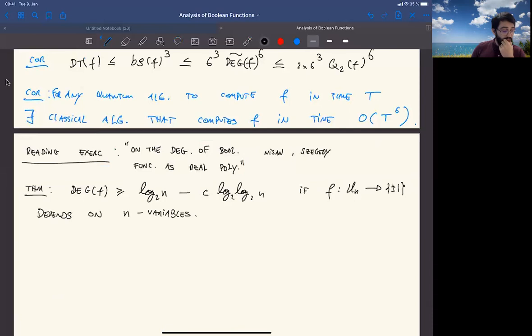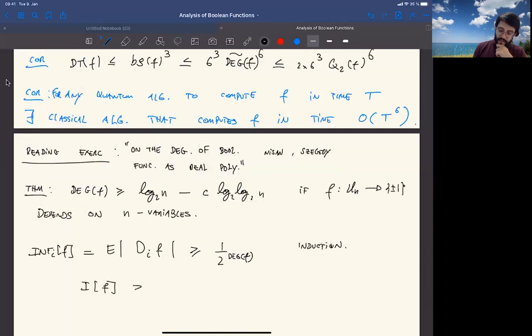Basically it uses the fact that, it's an induction argument, the expectation of the derivative i of any function is greater or equal than 1 over 2 to the degree of the function, and that's induction. But that is the influence of the variable i of f. And then we do know that the total influence, which is the sum of these influences, is then greater or equal than n divided by the degree of f by this induction argument.